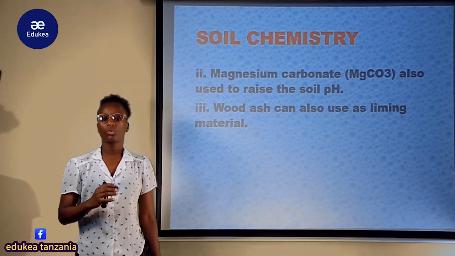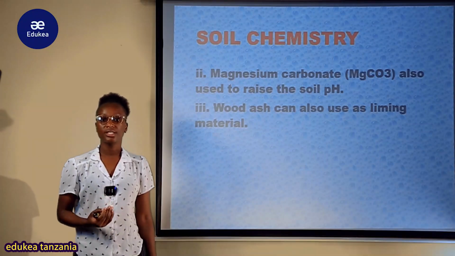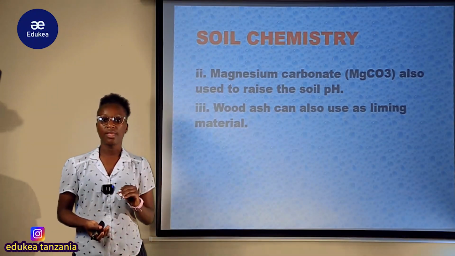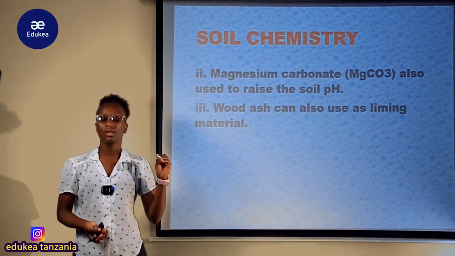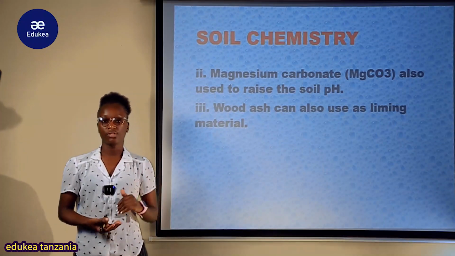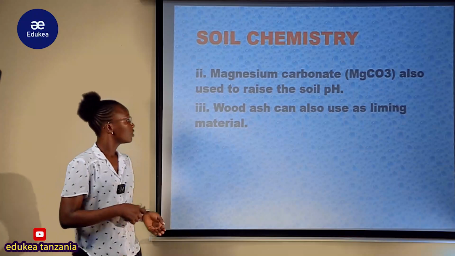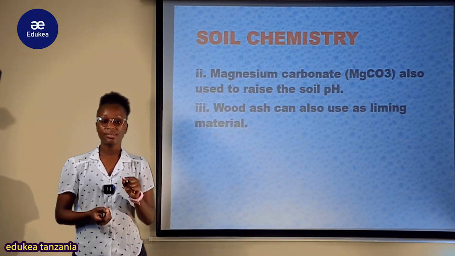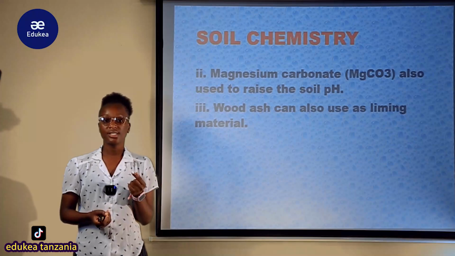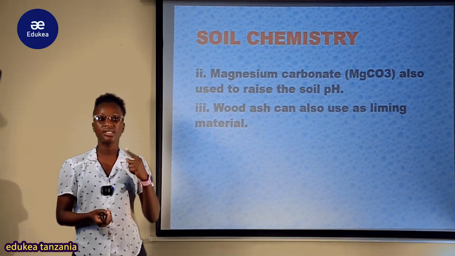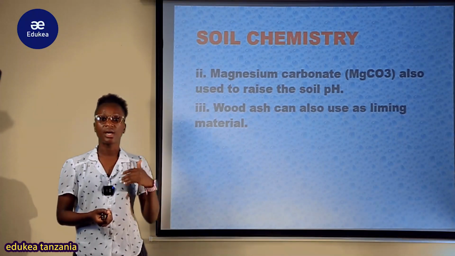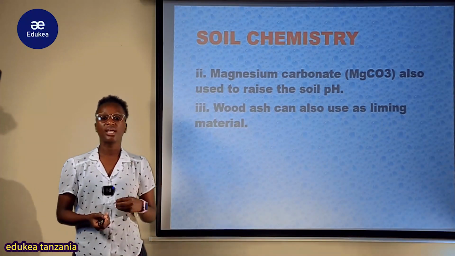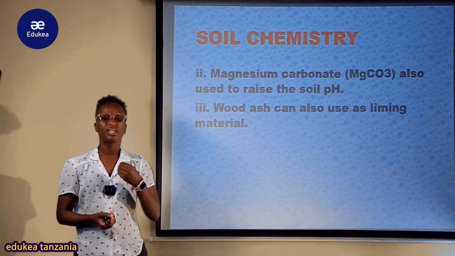Method nyingine ni ya kutumia wood ash. Tunaposema wood ash tunaongelea yale majivu ambayo yanatokana na uchomaji wa kind of woods, kuni, mbao and so forth. So you can see sometimes those wood ashes are basic in nature. For instance, katika matumizi au katika maisha yetu ya kila siku, unaona mtu akipatwa na heartburn, anapatwa na kiungulia.